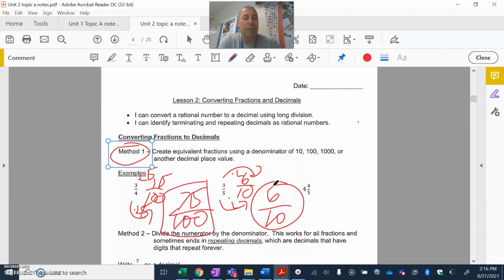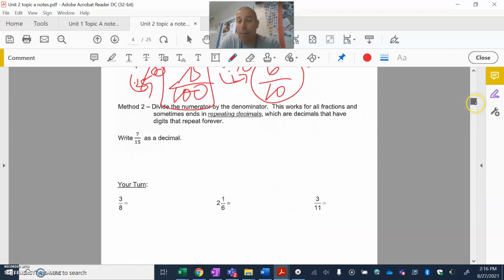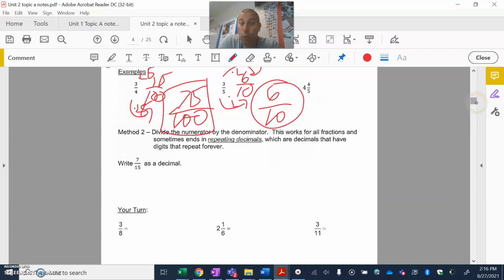So let's drift down to method number 2. Now, method number 1 is good. Use it if you can. Problem is, it's not always going to work. Check it out. 3/8. You can't multiply it to tens. You can't multiply it to get to 100. You could multiply it to get to 1,000, but you probably don't know that off the top of your head.